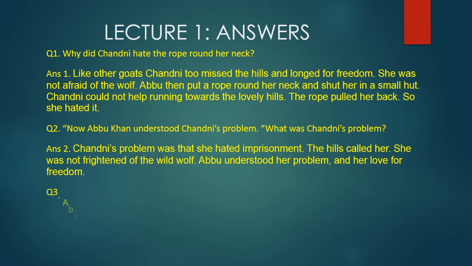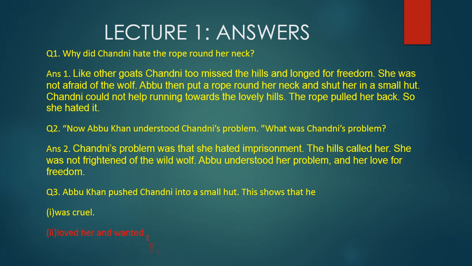Clear? Question number 3. Abbu Khan pushed Chandni into a small hut. This shows that he was cruel. Then second option, loved her and wanted to save her life. Third, was selfish. So the answer is the second one, loved her and wanted to save her life.